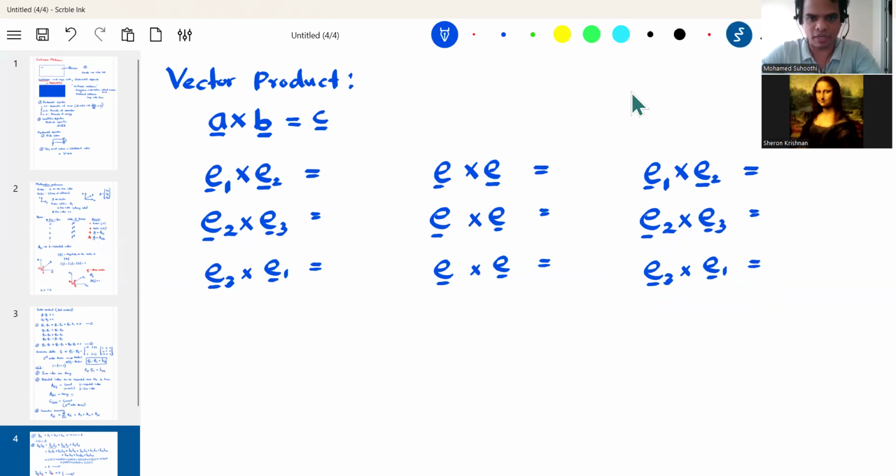Instead of 1, 2, it is 2, 1. 2, 3, 3, 2. 3, 1, 1, 3. Also, we have to discuss the same, right? If you multiply one base vector with itself.